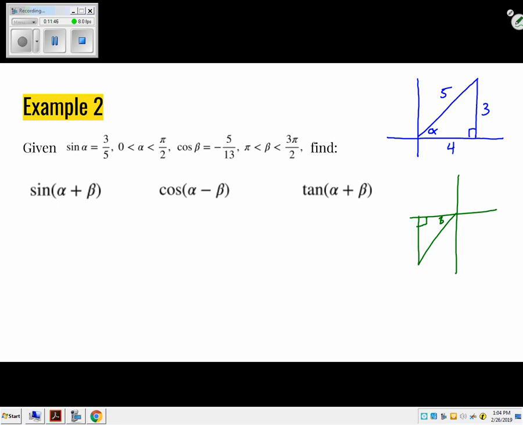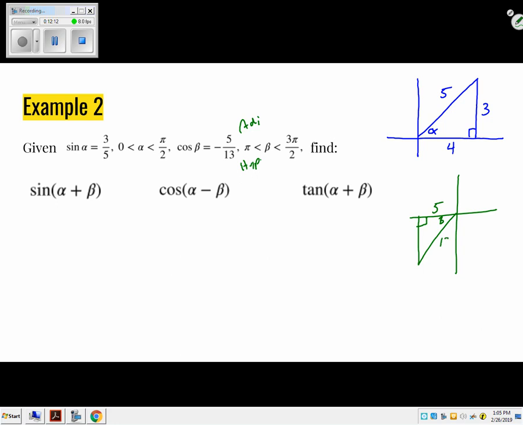And what do I know about the sides of this beta triangle? -5 and 13. Which side is which? This is adjacent and hypotenuse, correct? Adjacent and hypotenuse. So the adjacent side is 5.